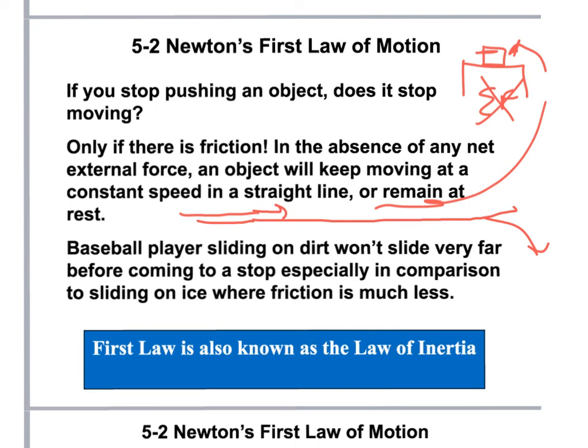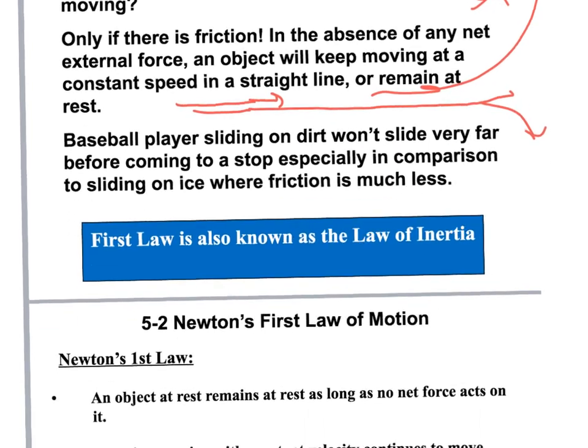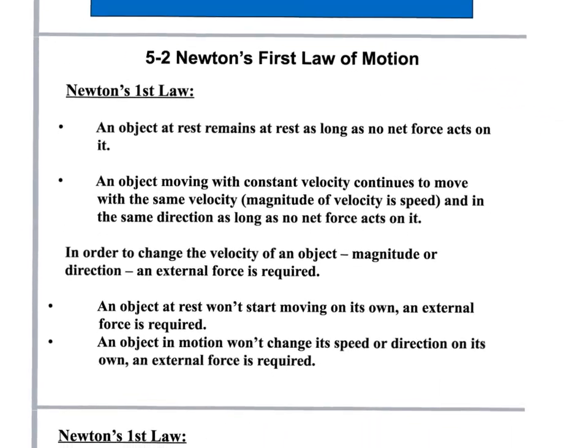It just wants to maintain the status quo. So in the absence of friction, the object is going to keep moving at a constant speed in a straight line, or if you have an object at rest, it'll remain at rest. That first law is known as the law of inertia because it's all about resisting change and staying the course.